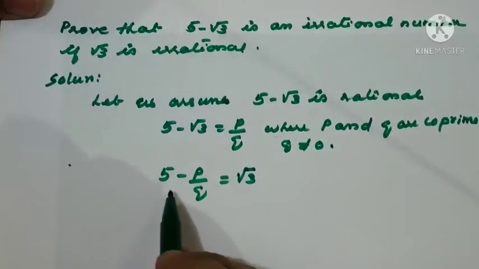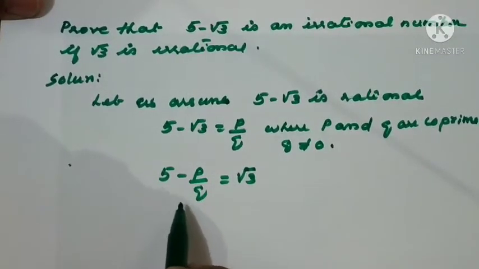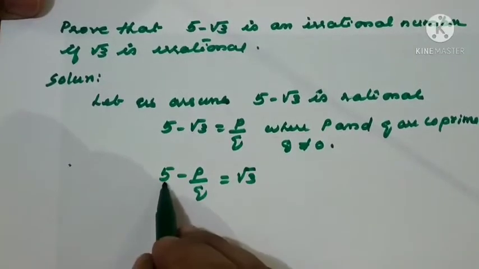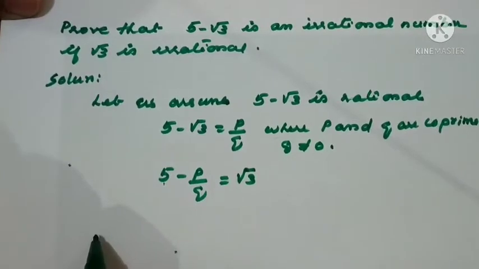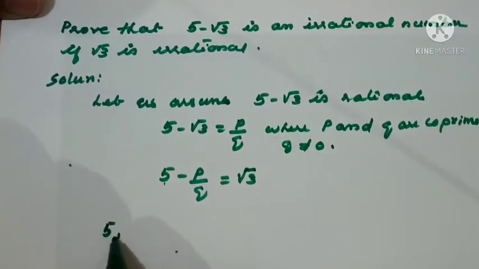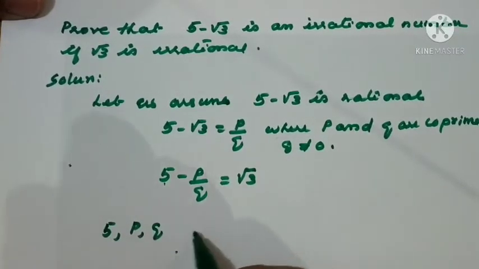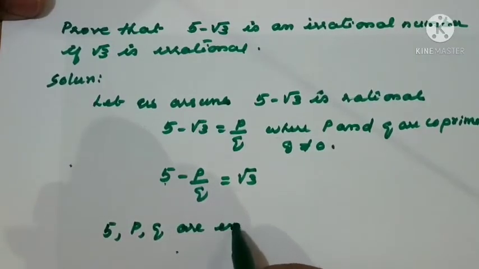So again, if you consider this one, we can take LCM: 5q minus p divided by q, we can also write, otherwise just write like this only. So 5, p and q are integers. What is the left side? 5, p, q are integers.